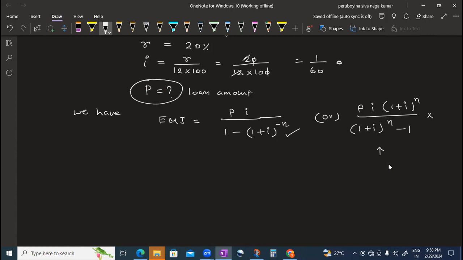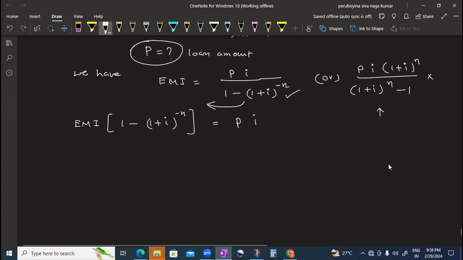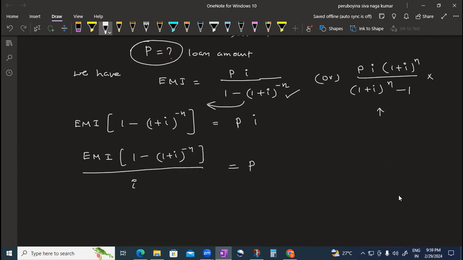Do cross multiplication: EMI into 1 minus (1 plus I) whole power minus N is equal to P into I. We need the P value. First, we will substitute the numbers.